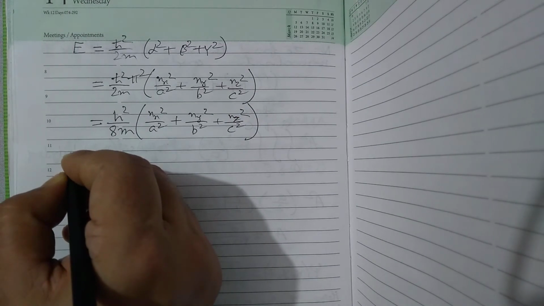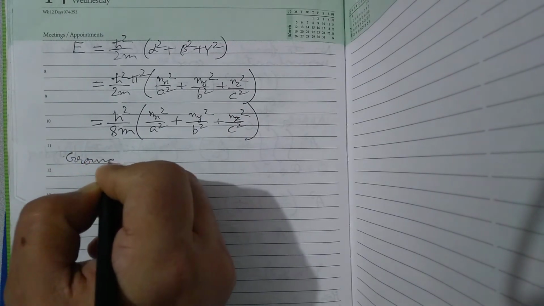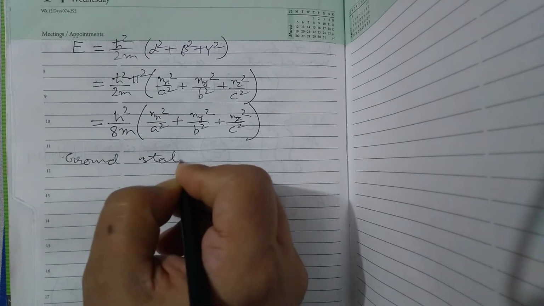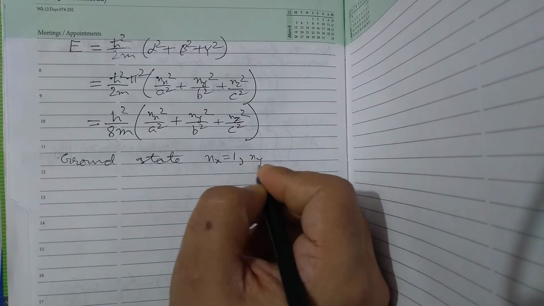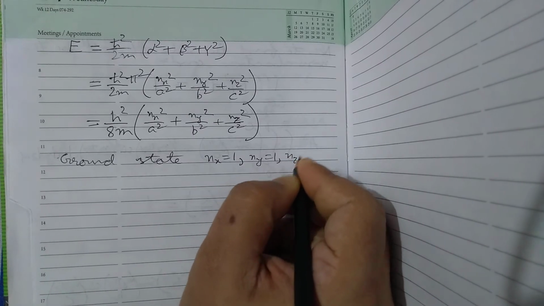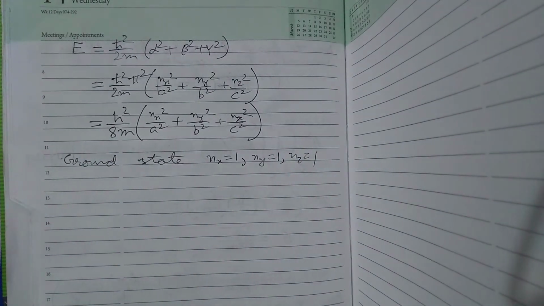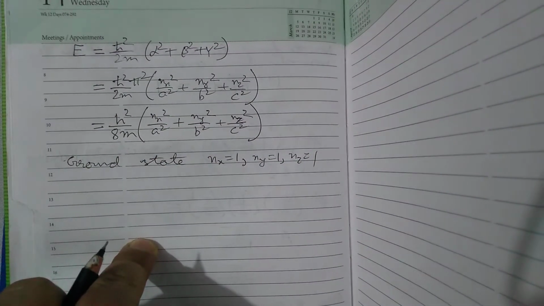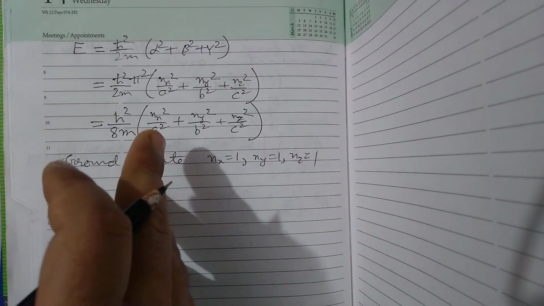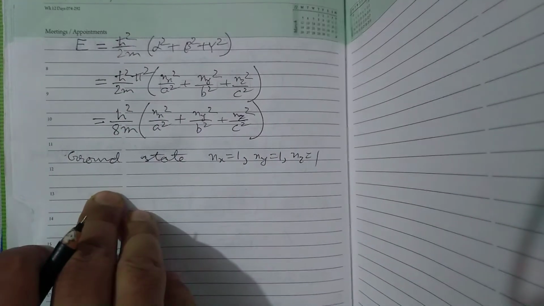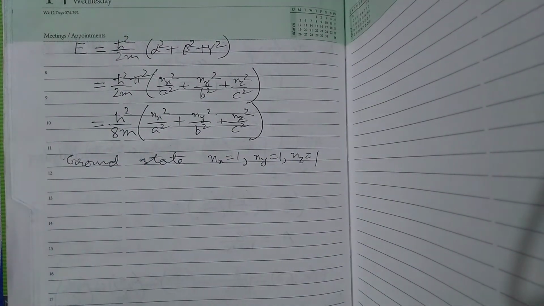Okay, so the ground state, what will be the ground state? Ground state will be nx equal to 1, ny equal to 1, nz equal to 1. In the one-dimensional potential well, what was the ground state? There you didn't have nx, ny, nz, you had only n, and for the ground state n was equal to 1.